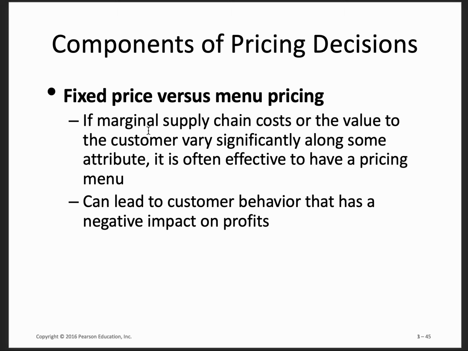You can have fixed price versus menu pricing. Menu pricing is something that you look at in many places, from something as simple as a place like Macy's, all the way up to the variable pricing that you see with Uber, right? So that's also a method of menu pricing.